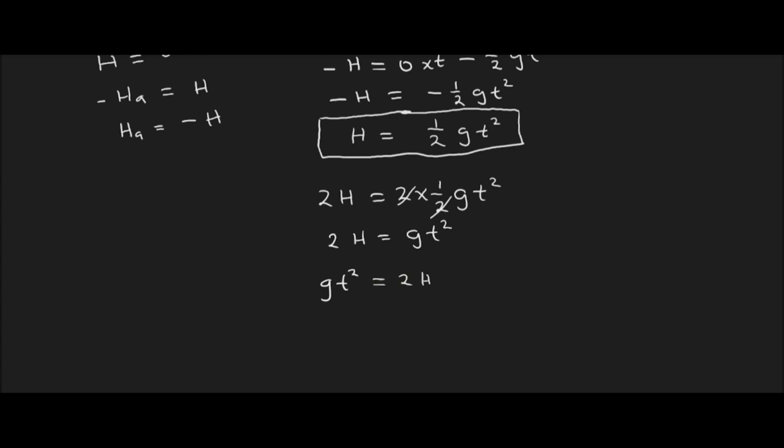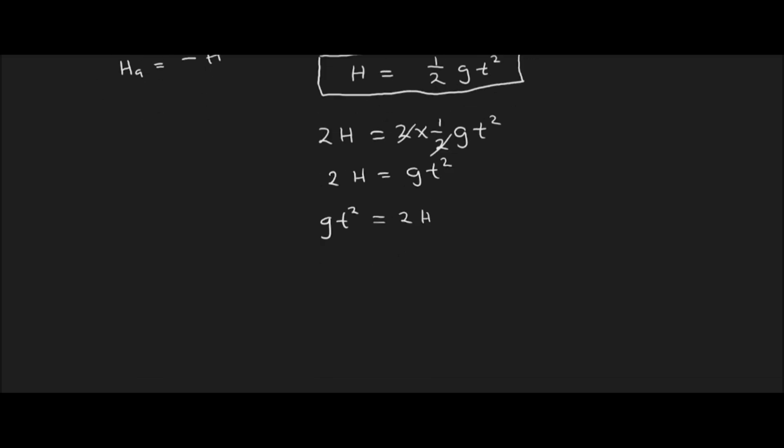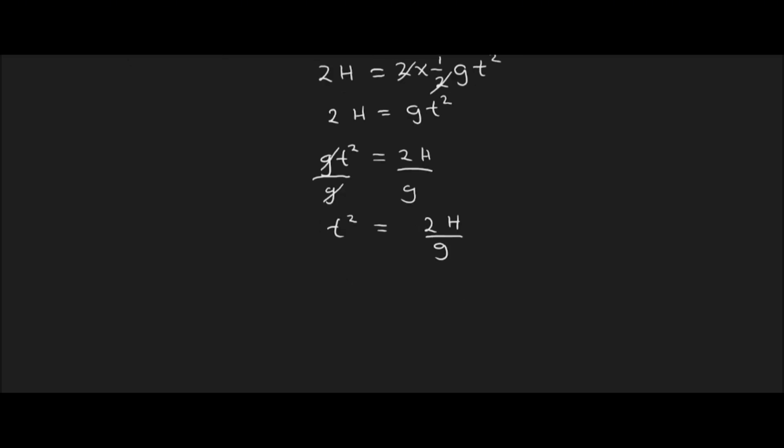Divide both sides of the equation by g. If you divide both sides of this equation by g, that means we have g over g, this cancels this. That means t square equal to 2h over g. If I square root both sides, that means my t equal to plus or minus root 2h over g.